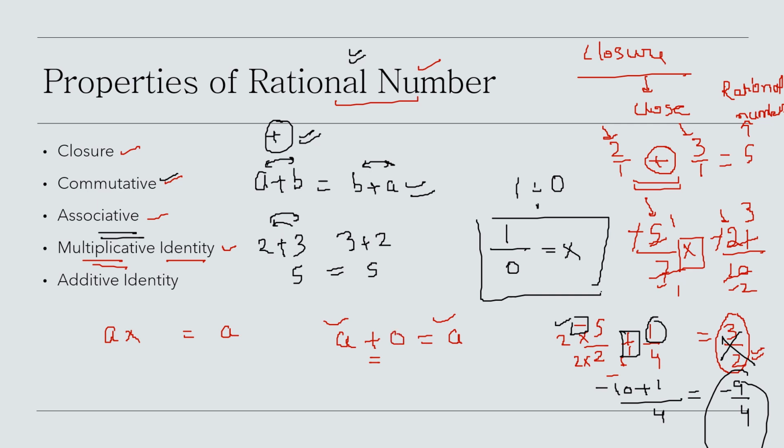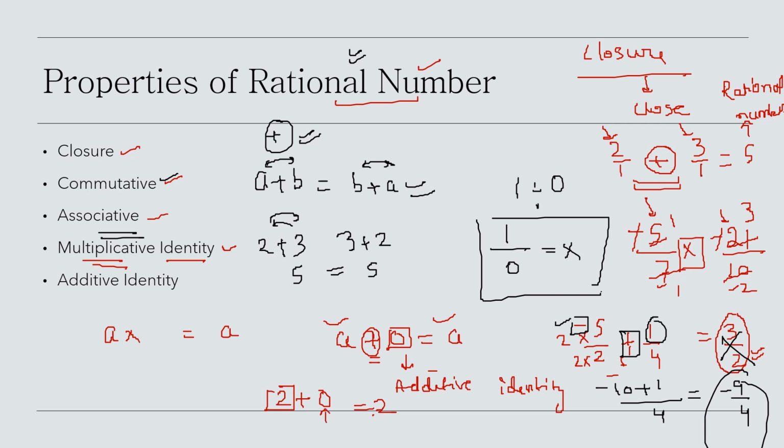A plus 0 will be A. So hence 0 is the additive identity for addition. Whenever you add 0 to anything, you will get that number only. So hence 0 is the additive identity.